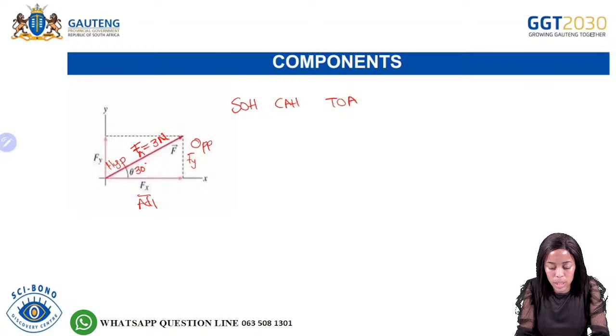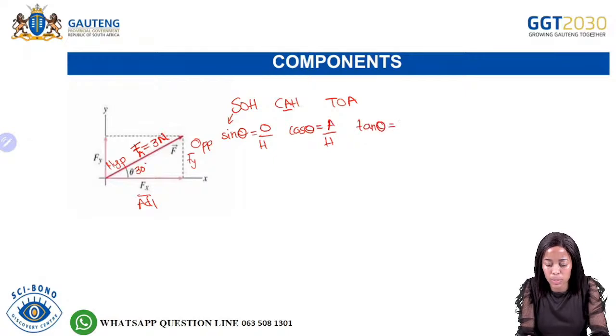The S represents sine theta, which is equal to opposite over the hypotenuse. The C represents cos theta, which is adjacent over the hypotenuse. And then we have tan theta, which is the opposite over the adjacent.